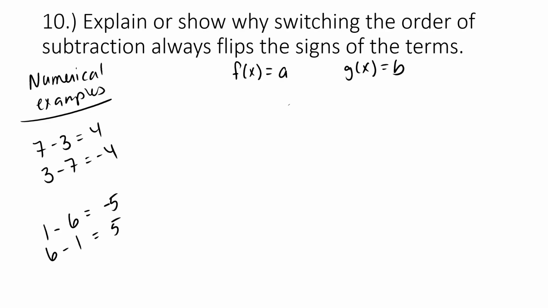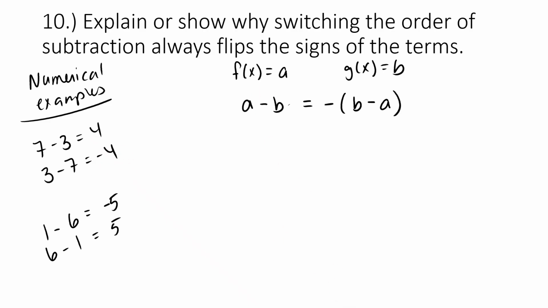So we want to show that if I do a minus b, that is the opposite of b minus a. In other words, when you switch the order of the subtraction, do you get the same thing except negative?